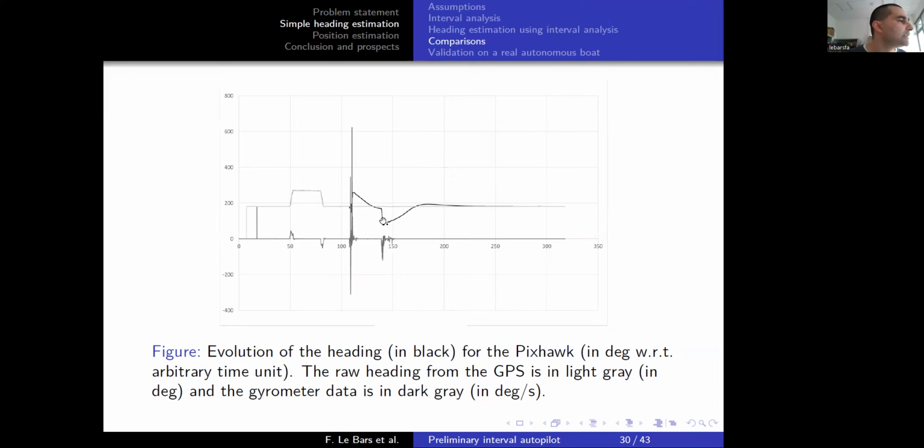So it probably sees the magnetometer rotation, and then slowly converges again towards the GPS value. This is probably a characteristic of some kind of weighted average between the data given by the magnetometers and the data given by the GPS. So this is the behavior for the Pixhawk autopilot.